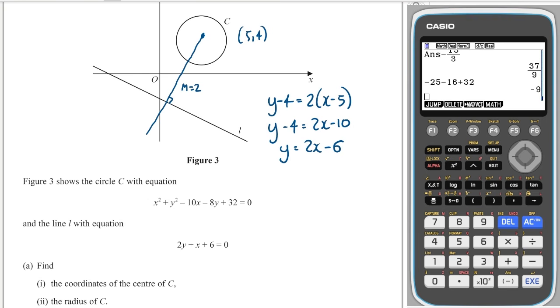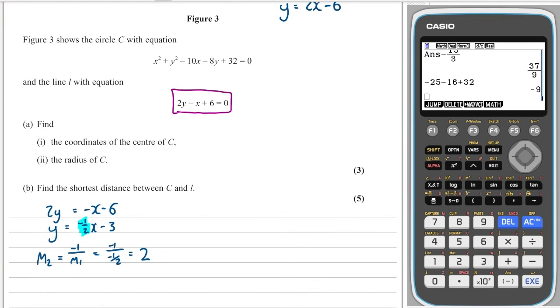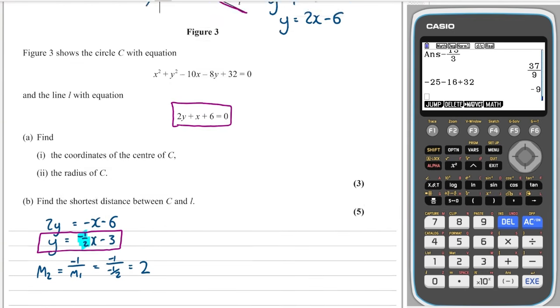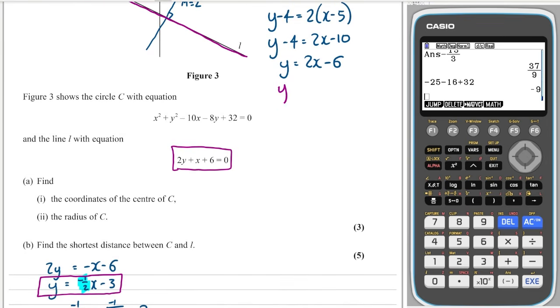Okay, so that is the equation of the blue line. And we have the equation already of this purple line. So we can work out where those two meet by solving these two simultaneously. And the purple equation was the same as this one. So let's write that next to it. y is equal to minus 1/2 x minus 3.